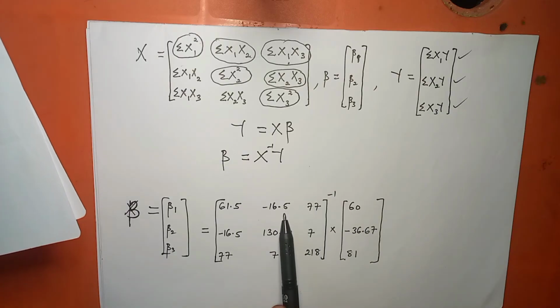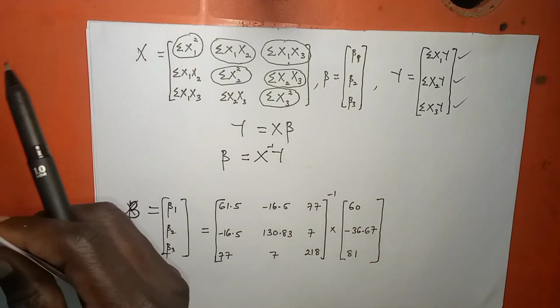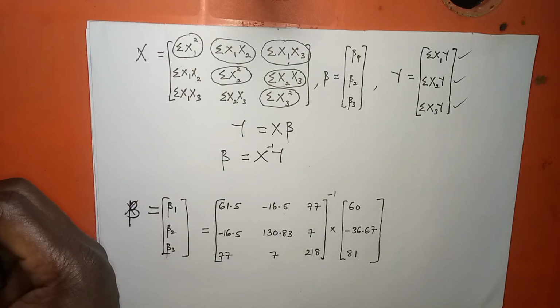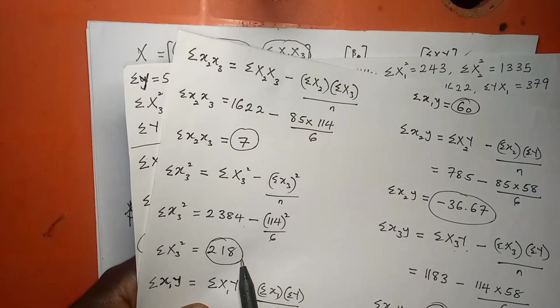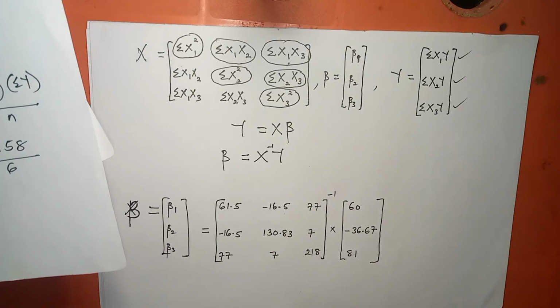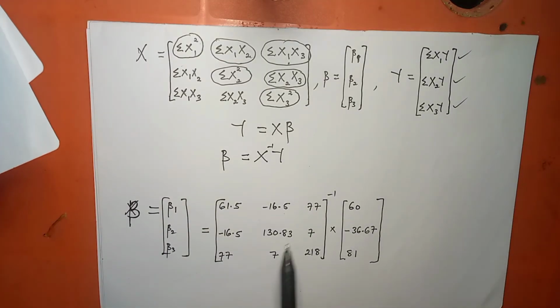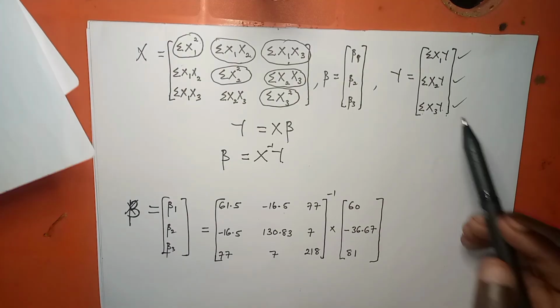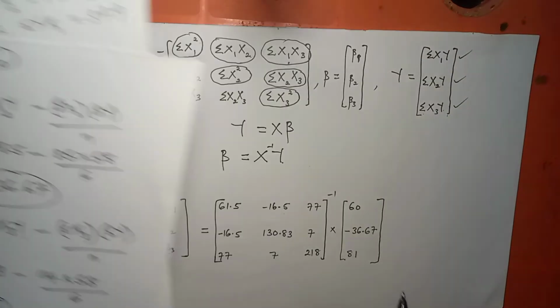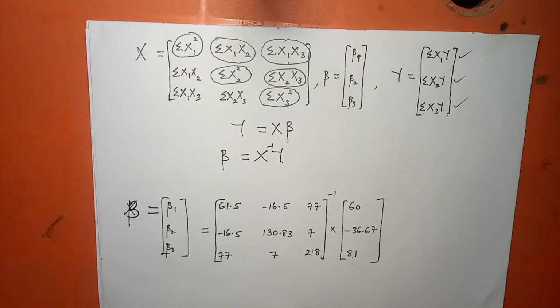How do we get x3 square from the previous slide? x3 square is 218. Then here we have our value of y. The last value of y is summation x3y, and summation x3y is 81. So don't be surprised at where we got all those values.